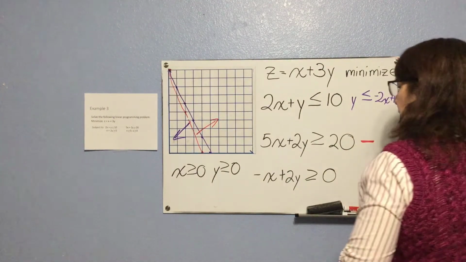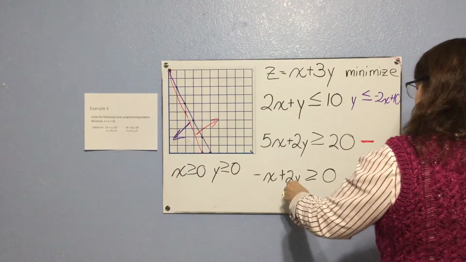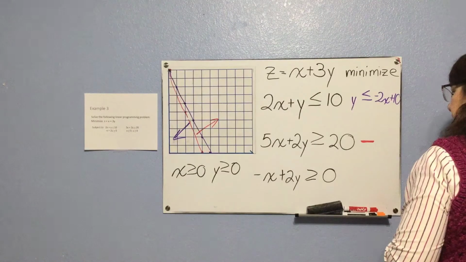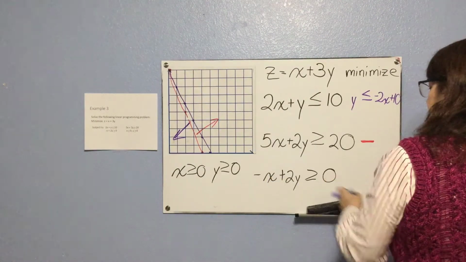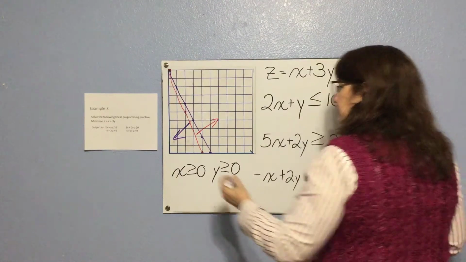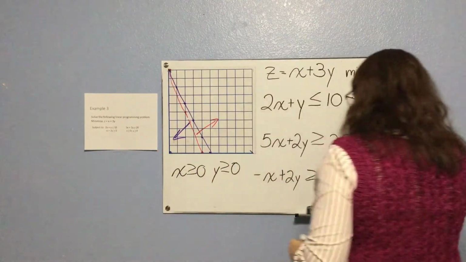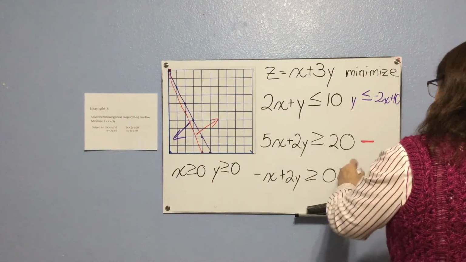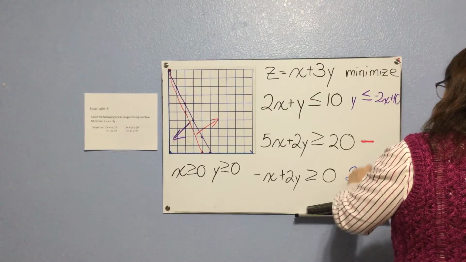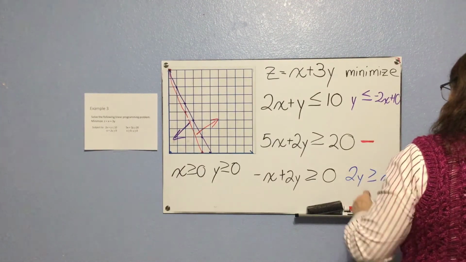And then my last line, negative x plus 2y greater than or equal to 0. Well, if x and y are both 0, this is going to be 0, so I know that 0, 0 is one of my points. And if I move the x over, then I have 2y greater than or equal to x.